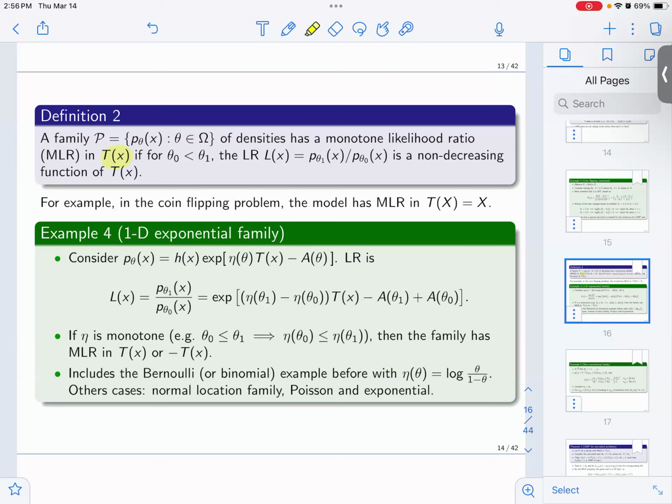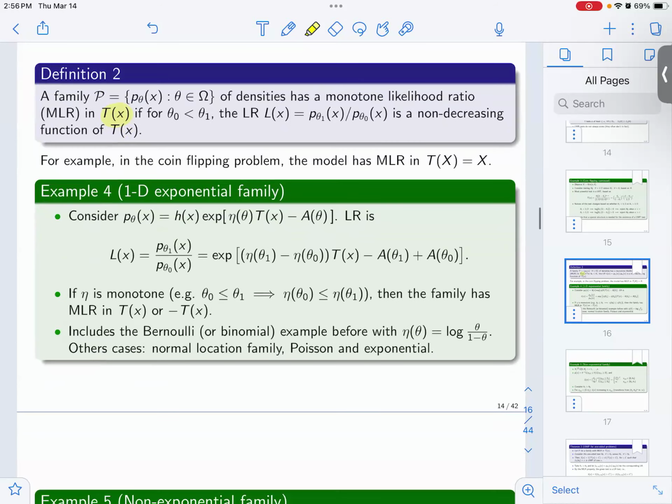So this T of X does not depend on theta. For example, if you have a one-dimensional exponential family, you can form this likelihood ratio. If eta is monotone, whenever theta naught is less than theta one, then this is positive.